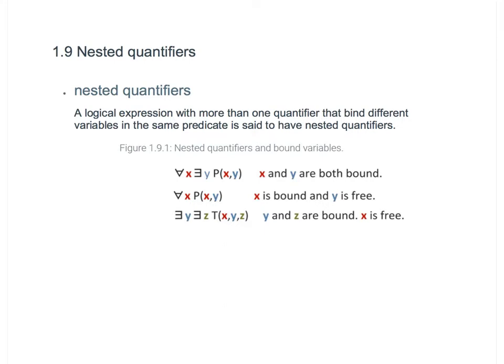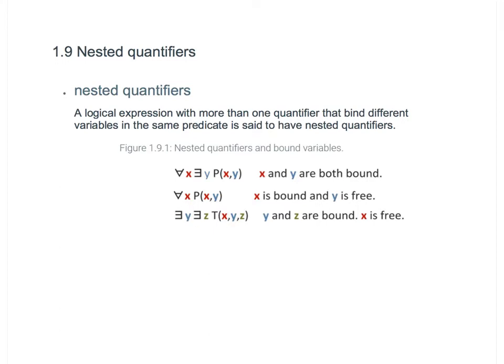And the last one is a combination of two existential quantifiers. There exists a y and there exists a z such that t of x, y, and z. Y and z are both bound, but x is free. So it is easy to see that the order of two existential quantifiers doesn't matter.